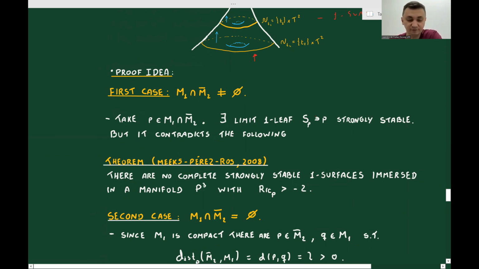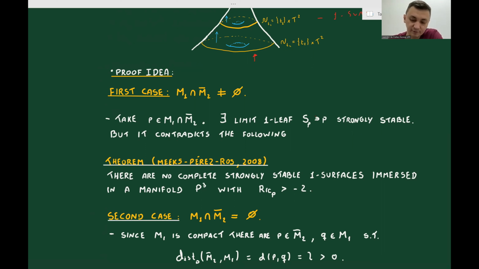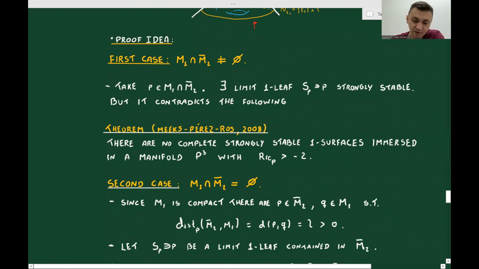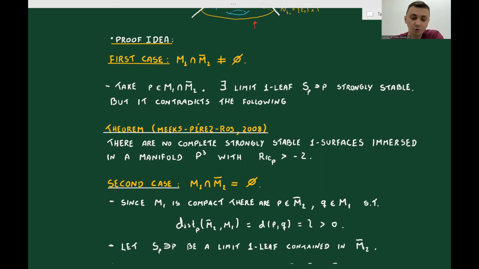But this contradicts the very famous result by Nelli, Pérez, and Ros, who proved that there are no complete strongly stable minimal surfaces in a complete manifold with Ricci curvature bigger than -2.